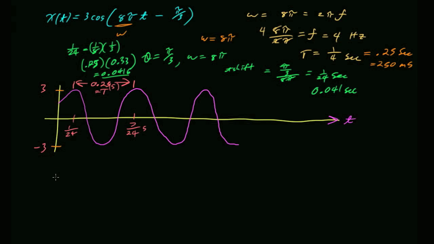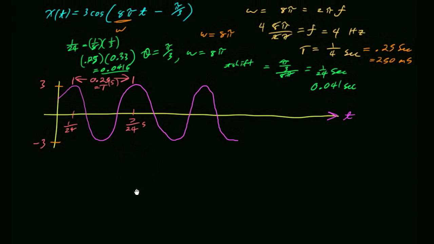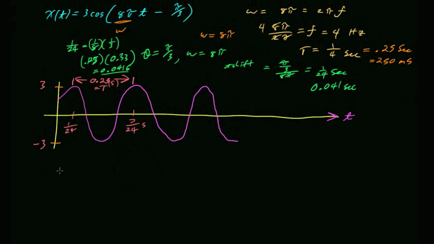Now, let's pull just a little bit more meat out of this. There's a couple things I want you to notice. So, my phase shift was pi over 3 radians. Is that correct? One cycle is how many radians? 2 pi.